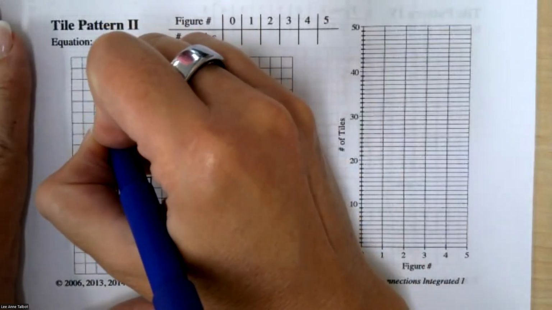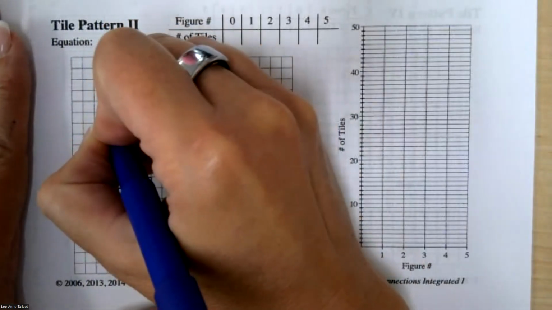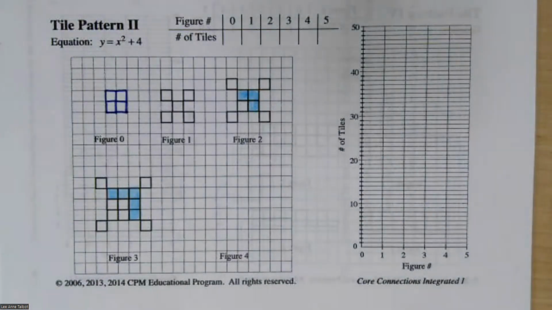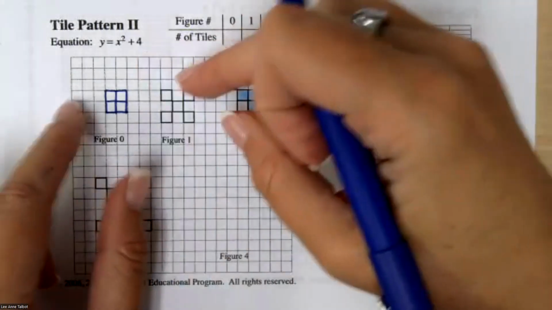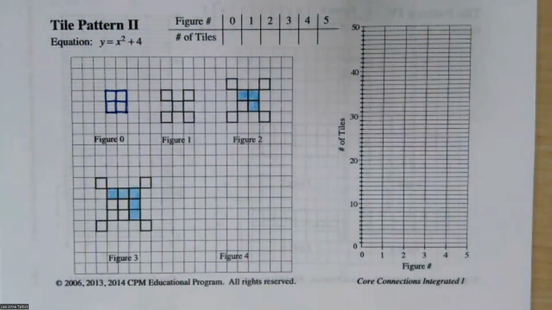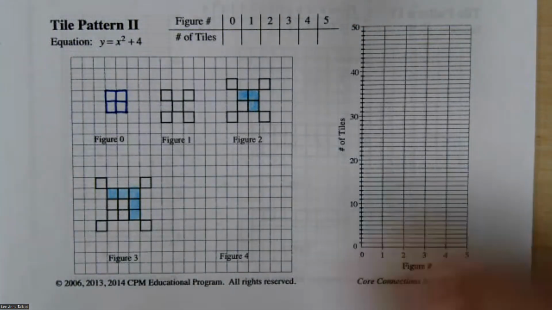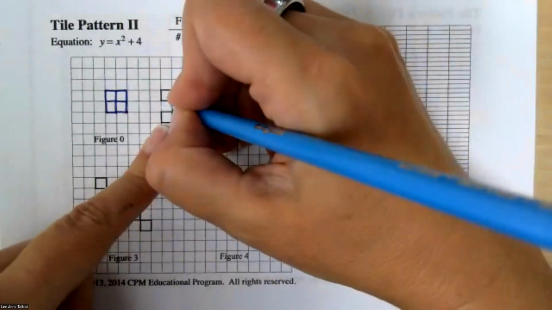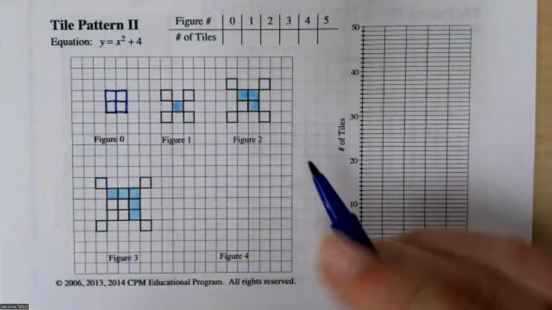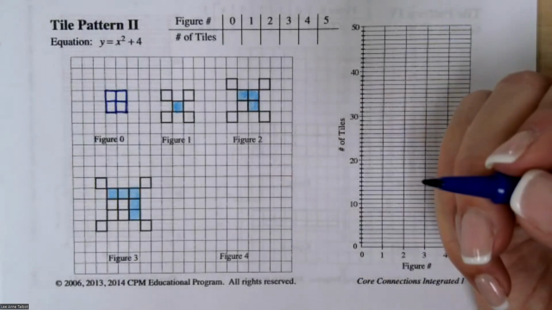Okay, so figure 0 would just be the 4 corners squished together with nothing in the middle. Okay, so then what would be new on figure 1 then? Yes, perfect.